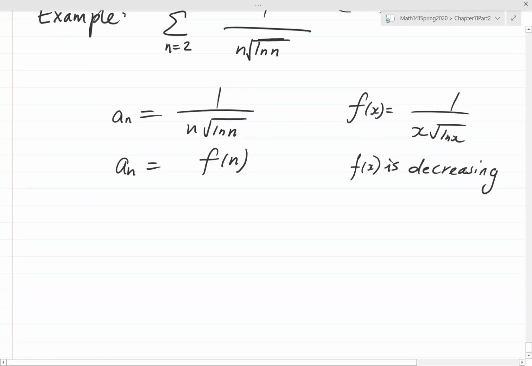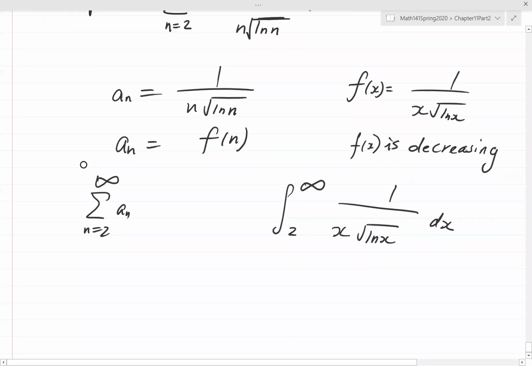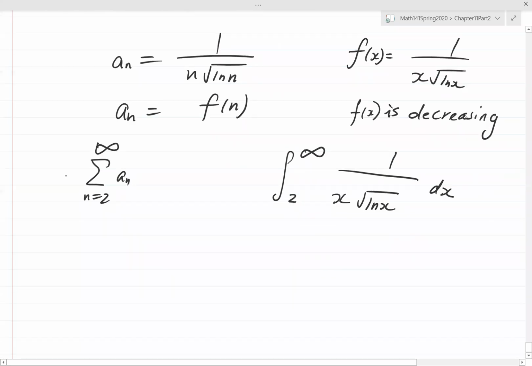Now we can apply the integral test. To determine the series a_n from 2 to infinity, it suffices to study the improper integral of 1 over x square root of ln x dx.